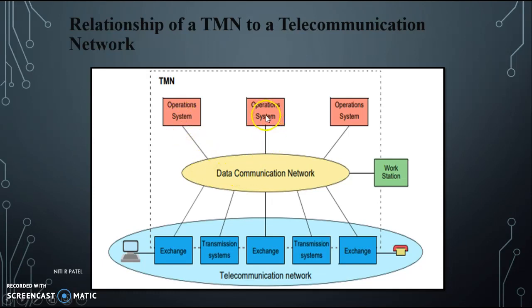The same concept is used for communication between operating systems and the workstations. The communication between these two systems is carried via a communication network. Thus, the data communication network is used to connect the workstation, which allows the operator to interpret the management information.